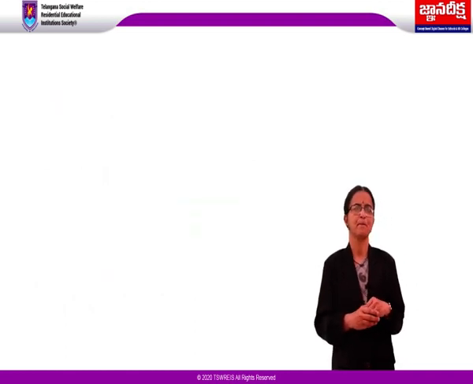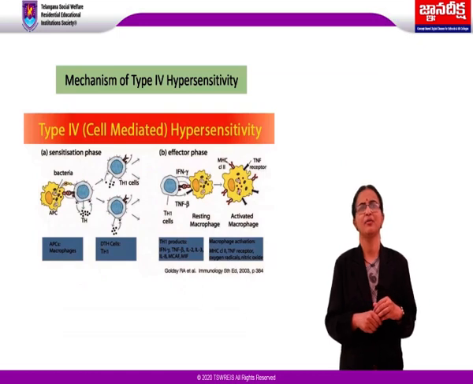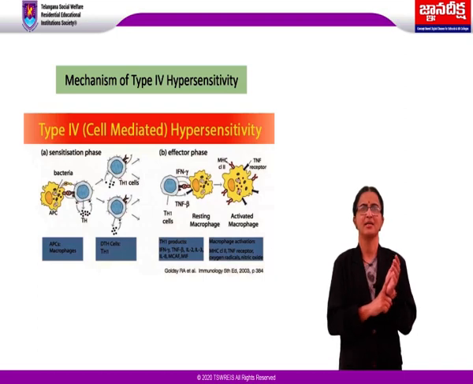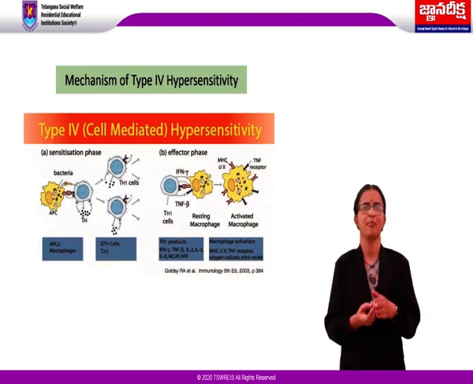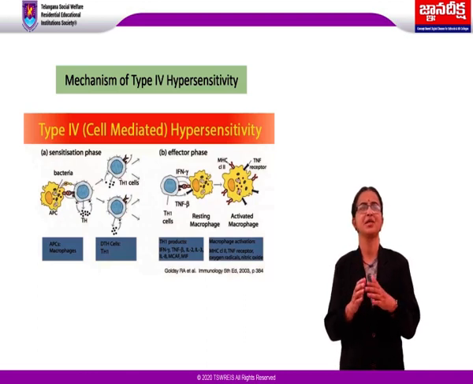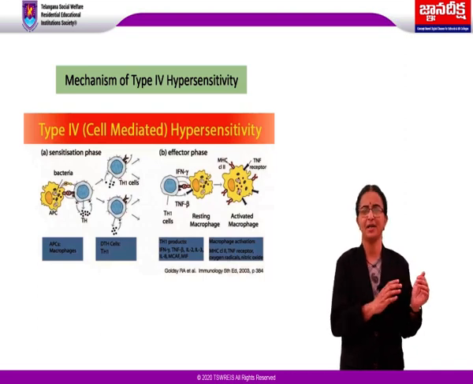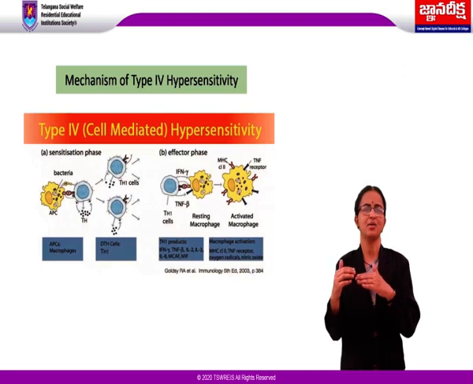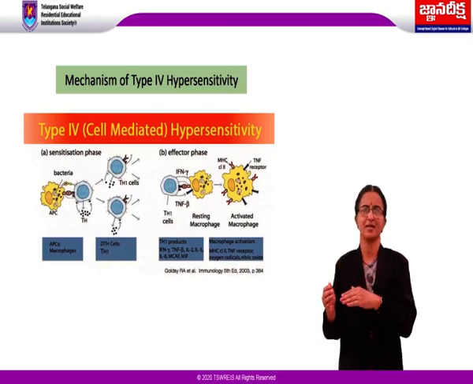Let us see the mechanism of type 4 hypersensitivity. It occurs in two phases. The first is sensitization phase and the next is effector phase. This reaction is caused when CD4 plus TH1 helper cells recognize a foreign antigen in a complex with MHC class II on the surface of antigen presenting cells.